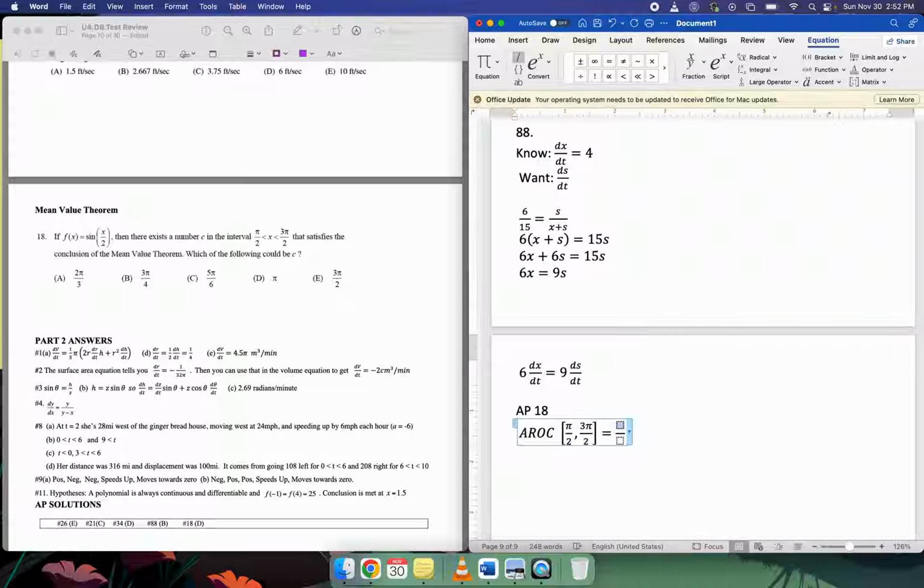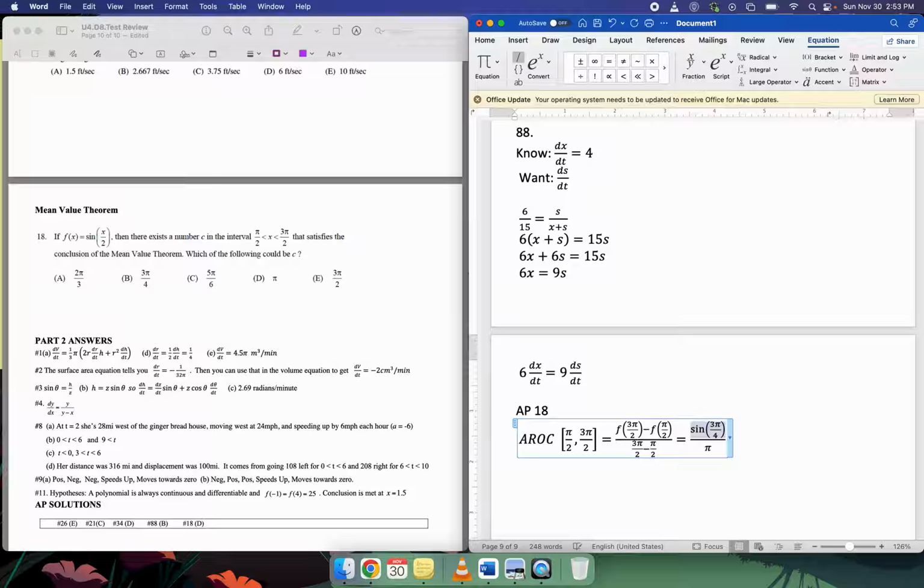That's going to be f(3 pi over 2) minus f(pi over 2), over 3 pi over 2 minus pi over 2. In the denominator, 3 pi over 2 minus pi over 2 is 2 pi over 2, which is just pi.